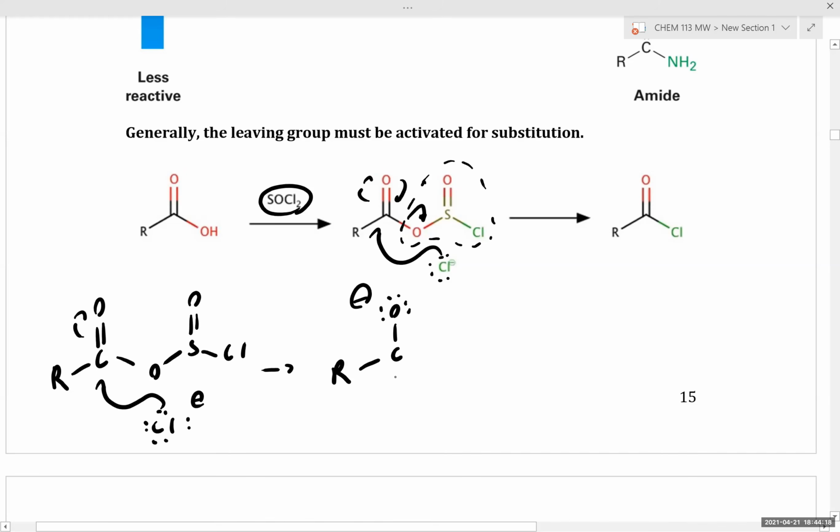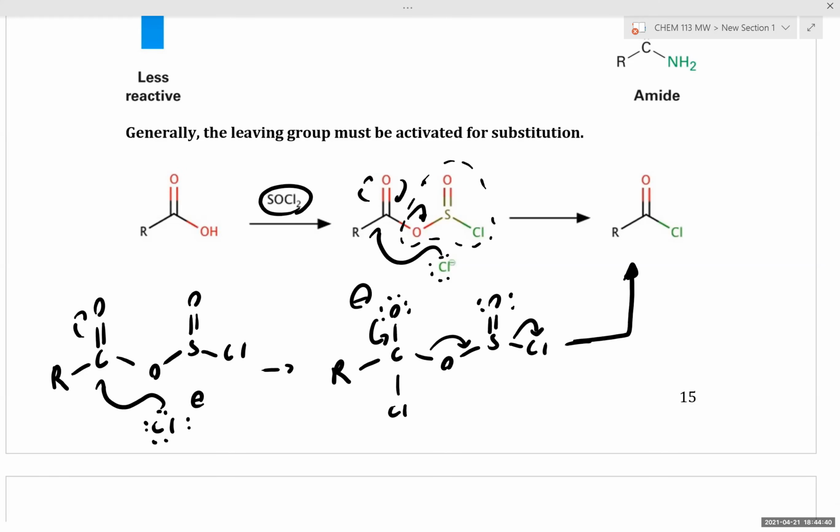From here, this tetrahedral intermediate can collapse. Oh, I see. And now this time, because we're considering leaving group capability, this chlorosulfonyl group is actually a reasonably competent leaving group, and thus it's kicked out preferentially compared to our halide. Okay, I see now. Does that make sense? Did that answer your question? Yeah, thank you. Perfect, perfect.